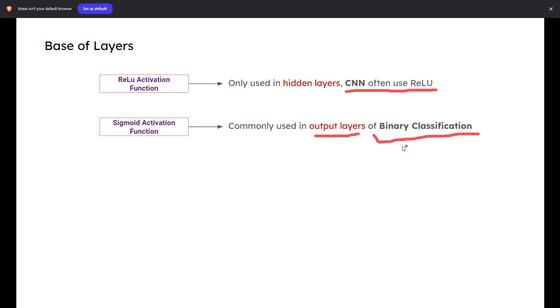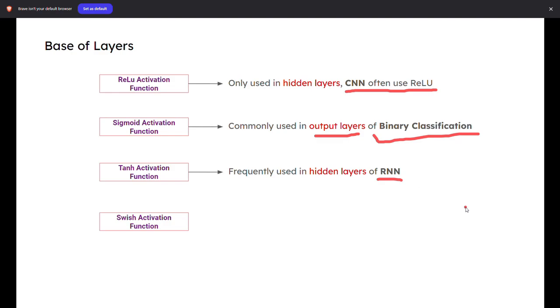Then we have tanh. Where do we use tanh? Tanh is frequently used in the hidden layers of RNNs. And last but not least, Swish, as we mentioned, is used in deep neural networks, with many layers.